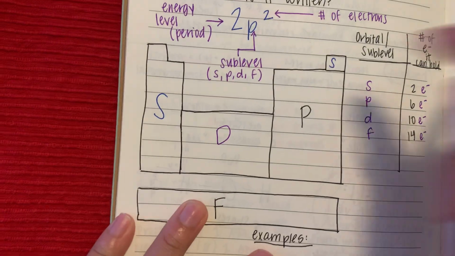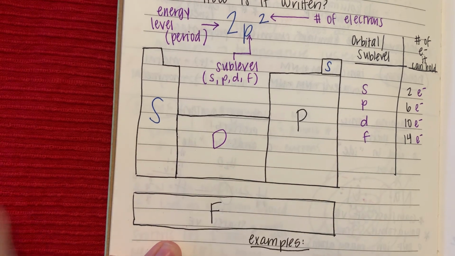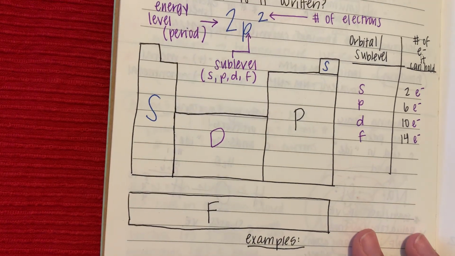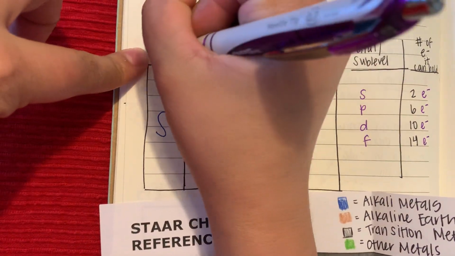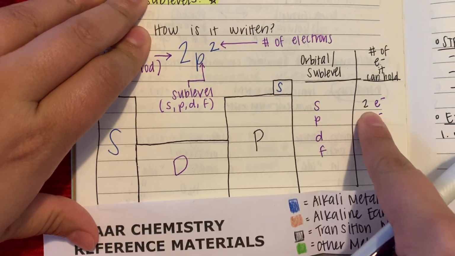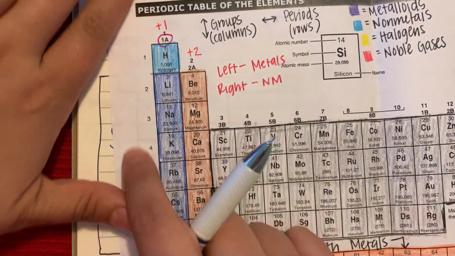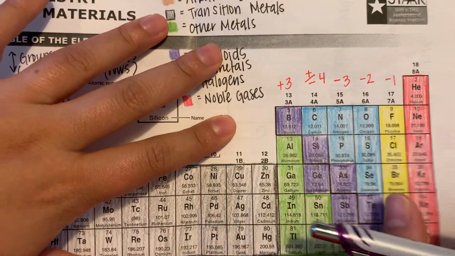What's most important is that you remember where the blocks are on the periodic table, because that's exactly what we're going to use. The S block consists of groups 1 and 2 here. Notice that S can hold a maximum of 2 electrons. So you can literally just use the periodic table to count your electron configurations.